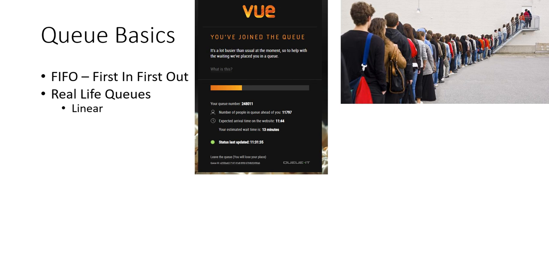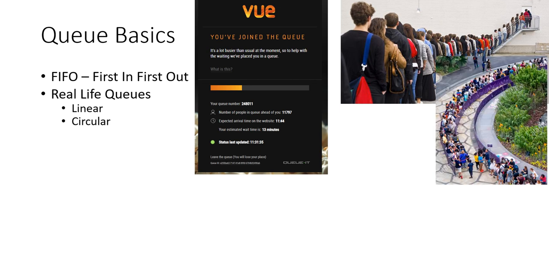You've got a start point and an end point. It's like queuing for a cinema ticket on a particularly busy release, like you see in that example, or queuing for, in this image, I don't know what they're queuing for, let's say the toilet. The first one in the queue is the first one out of the queue.